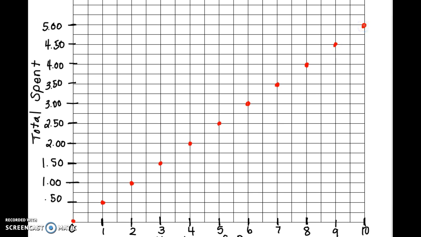And then I'm going to connect this line. Now, you would probably rather use a straight edge. All right, so that represents Matthew. And I'm going to put an M over here so I can label that as Matthew.